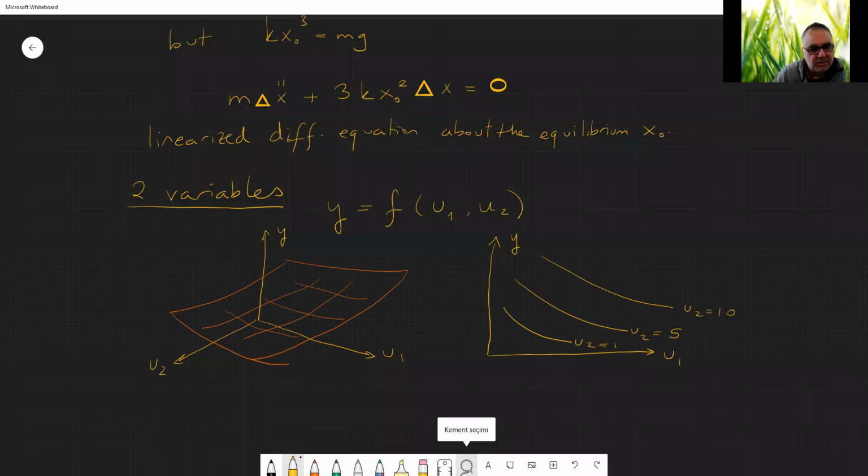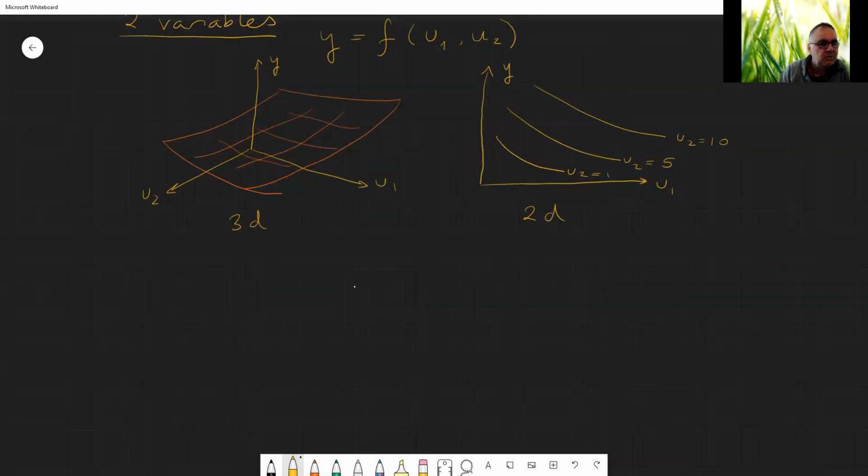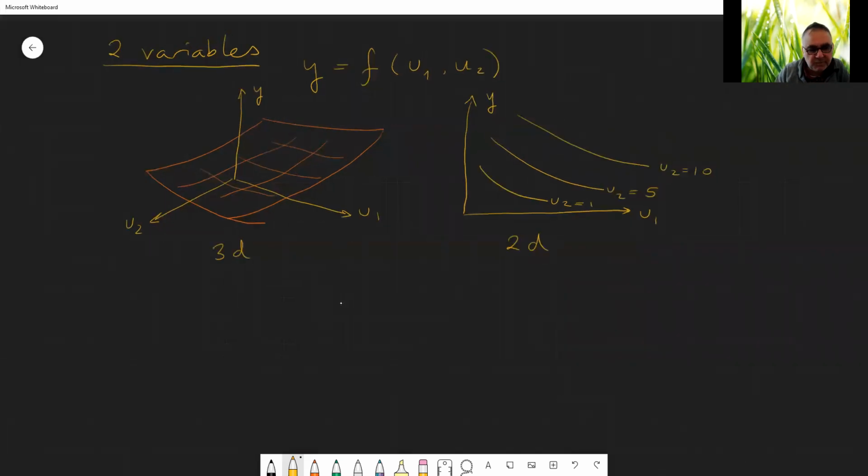They are kind of identical, but you might show it. This is the 3D representation. This is the 2D representation, and you might have multiple functions of more than one variable.